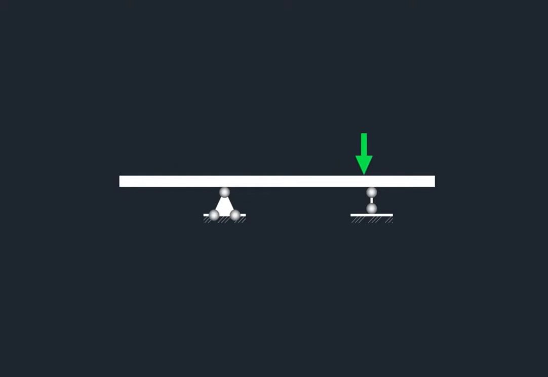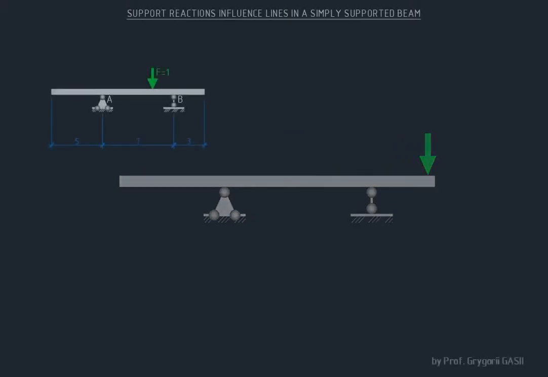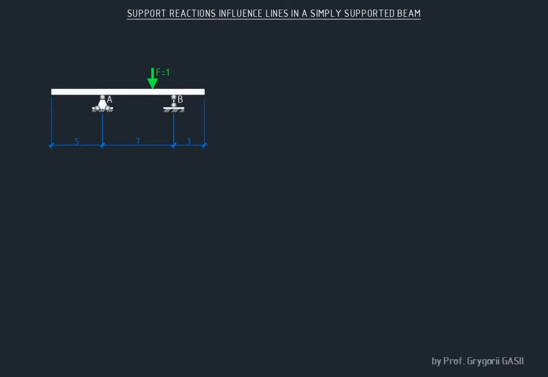This type of load is typical, for example, for bridges or overhead cranes in production halls, etc. It's not very convenient to draw the familiar diagrams of internal forces. Therefore, influence lines are drawn.